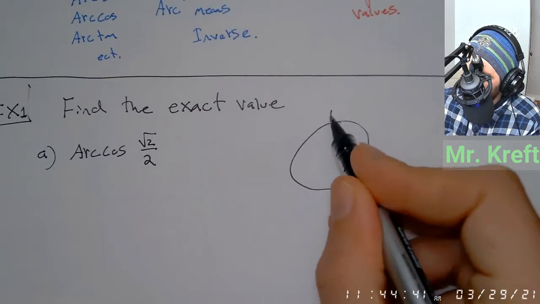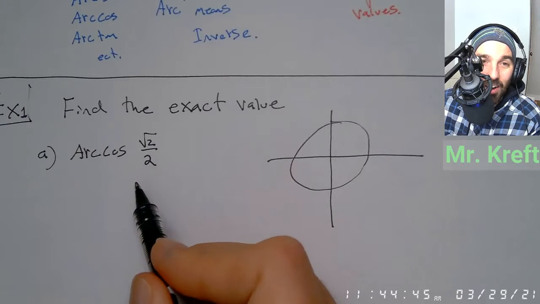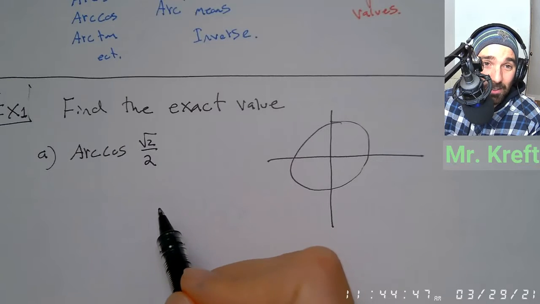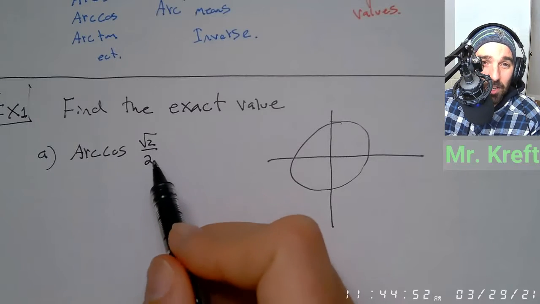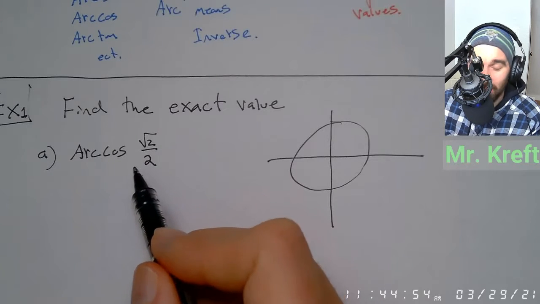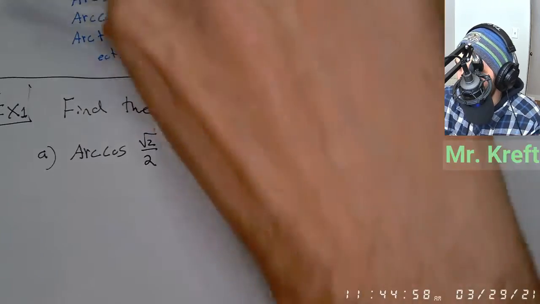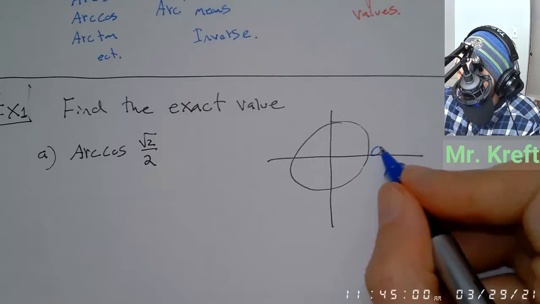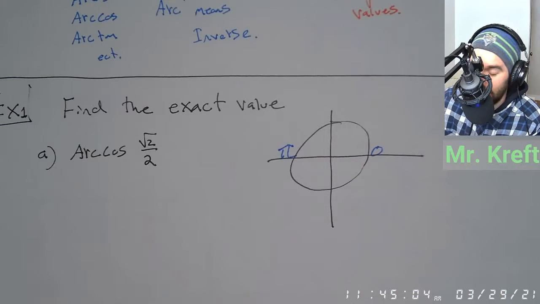Well, remember, and this is why I made a big stink out of it, this is a ratio. Our answer is going to be an angle. So you can think of this as the ratio, and the question is: what angle in my principal values gives me that ratio? For cosine, principal values are between 0 and pi.